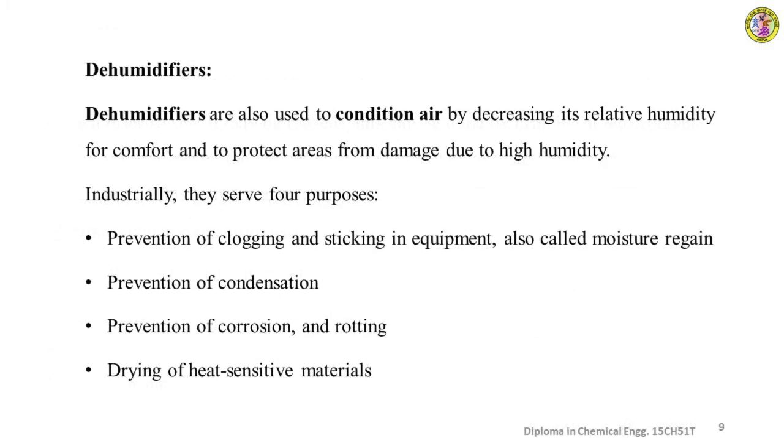Then the air flowing over the tubes or coils gets cooled to the extent where its temperature reaches below the dew point. Once the temperature crosses the dew point, a part of the water vapor that is present condenses, and in that way the air gets dehumidified.